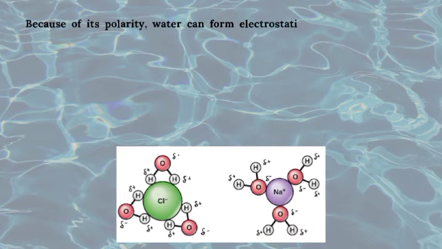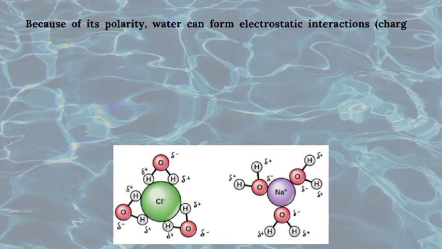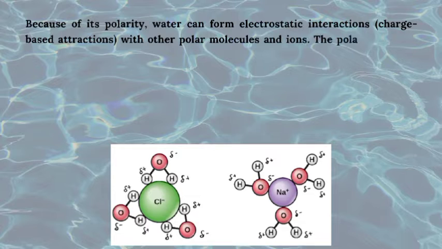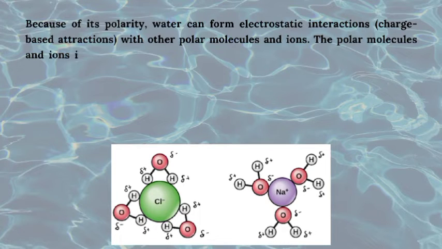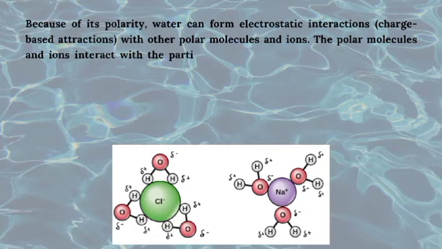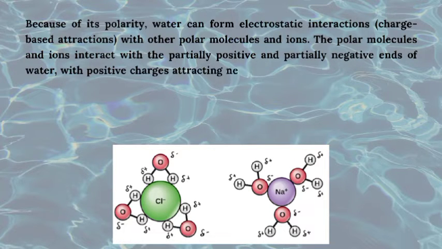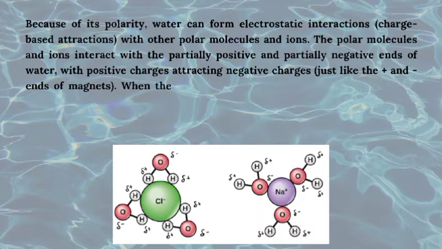Because of its polarity, water can form electrostatic interactions, charge-based attractions, with other polar molecules and ions. The polar molecules and ions interact with the partially positive and partially negative ends of water, with positive charge attracting negative charge, just like the positive and negative ends of a magnet.